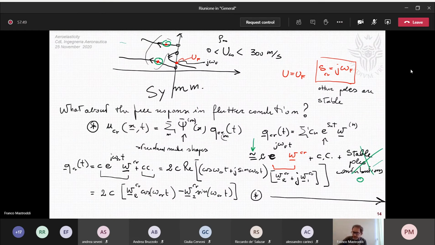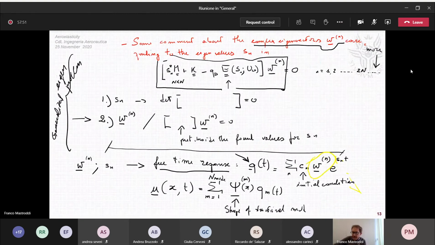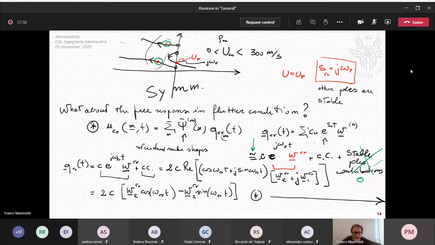if you have a critical eigenvector, I want to write this critical eigenvector here. If you have a critical eigenvector, you have a vector of complex numbers. The first one, the critical 2, the critical 3, and all the others.